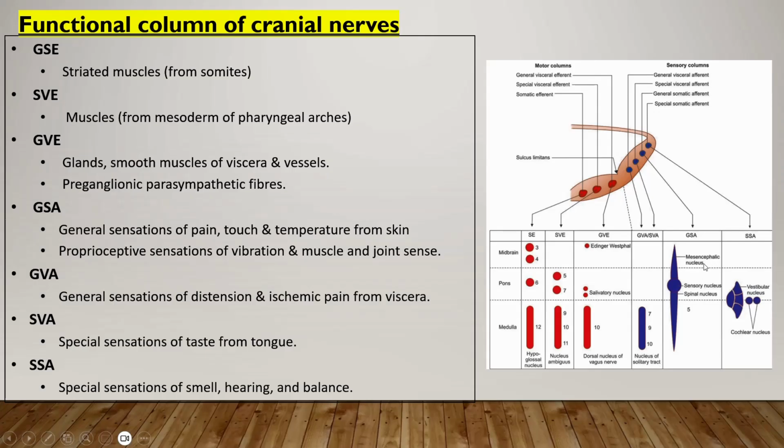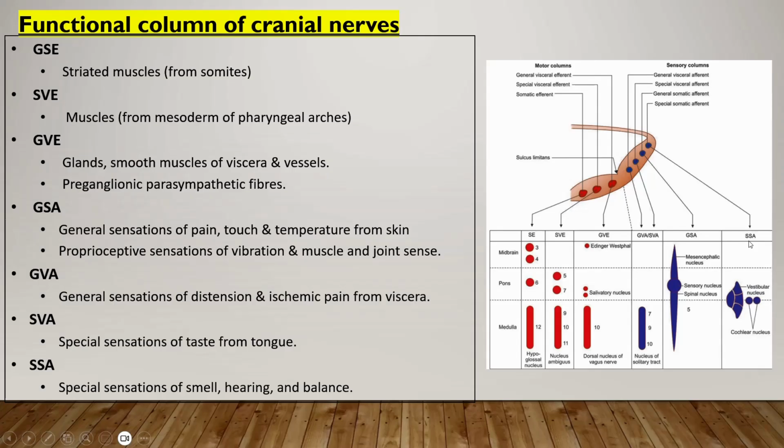Then there is general somatic afferent. Here general somatic afferent is the mesencephalic nucleus in the midbrain, the sensory nucleus in the pons and the spinal nucleus in the pons and spinal cord belonging to the fifth cranial nerve, and the cochlear nerve nuclei and vestibular nuclei present in the pons and medulla belong to special somatic afferent.